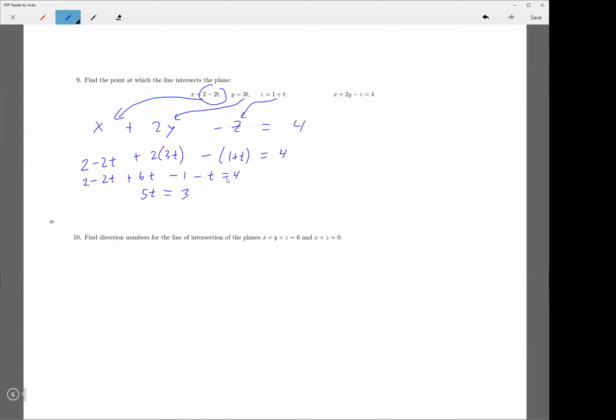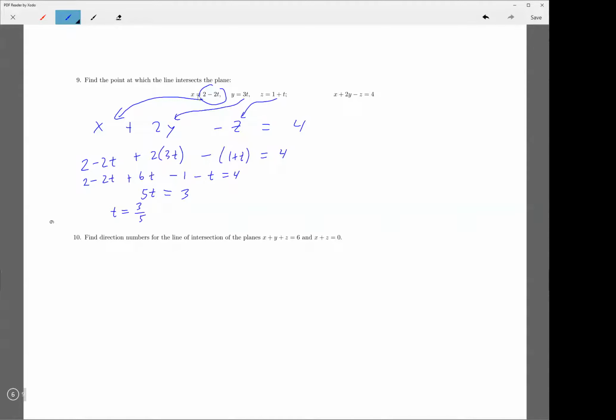Yeah, so 2 minus 1 is 1. To take it to the other side, subtract to get 3. Oh, dang, this is not a very nice number. 3/5. Okay, so t is equal to 3/5 unless I made some mistake somewhere. Oh, this is not very nice.